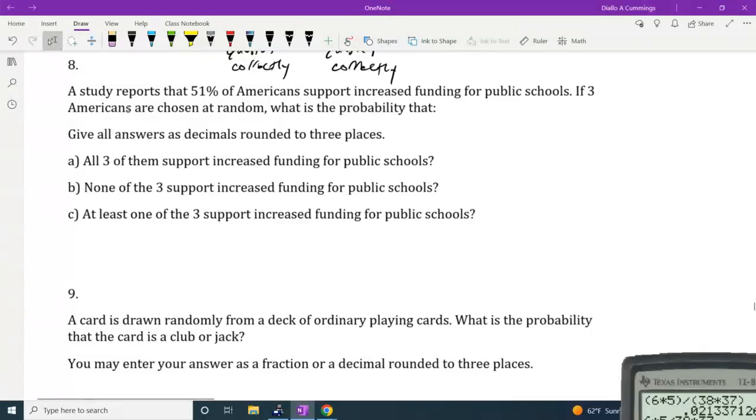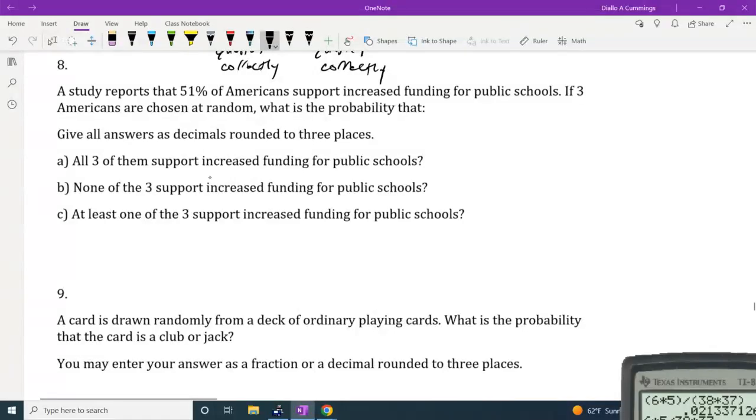So here again, they're talking about all Americans. So this would be a large population of people. So these would be independent events, randomly choosing 3 people, right, all over America. So for A, we're going to map out 3 outcomes, right? So these are the probabilities for the 3 people that we're choosing. So what's the probability that the first person supports increased funding?